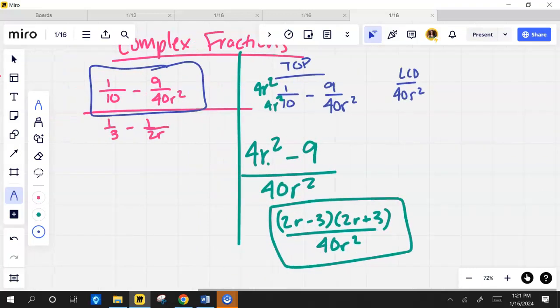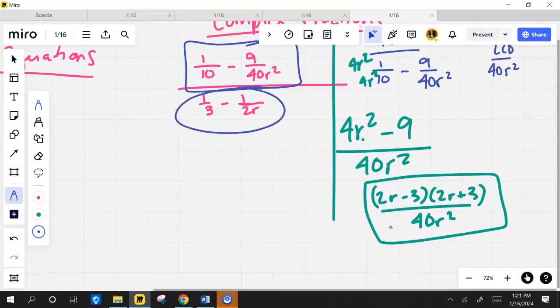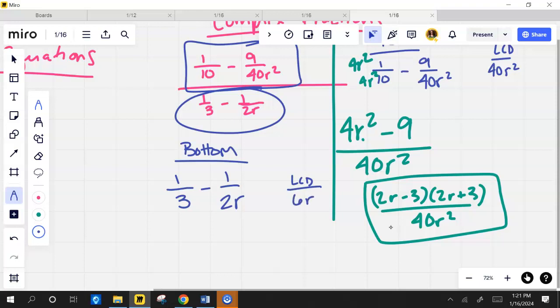All right, let's do the bottom. I've got 1 over 3 minus 1 over 2R. What's the LCD? 6R. What does the first one need? A 2R.